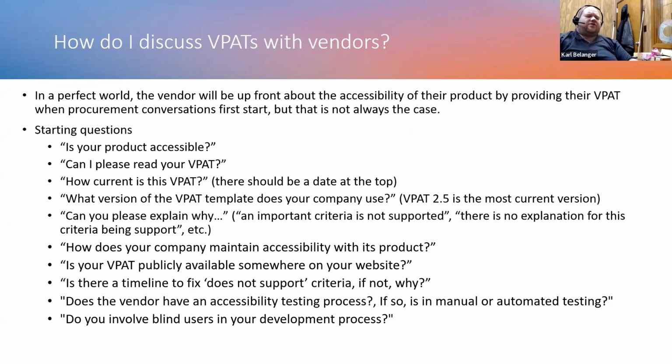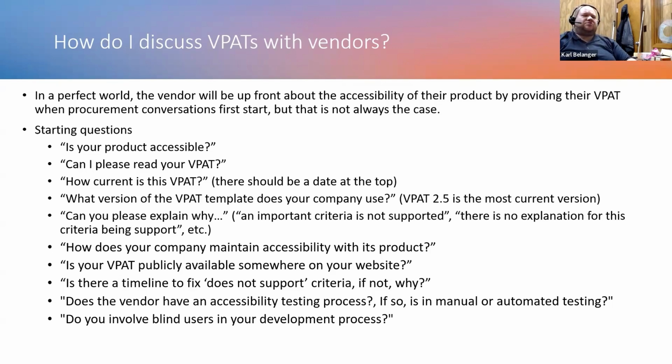What version of the VPAT template does your company use? Again, 2.5 is the most current. If there's a criteria that's not supported or not applicable that you think seems off, ask them why that is. Ask them how their company maintains accessibility with the products. Whether their VPAT is publicly available. If there are not supported criteria, is there a timeline to fix them? If not, why not?